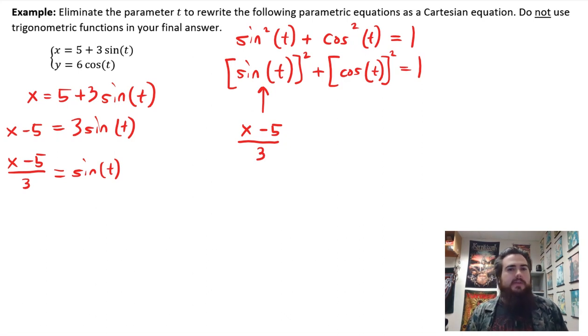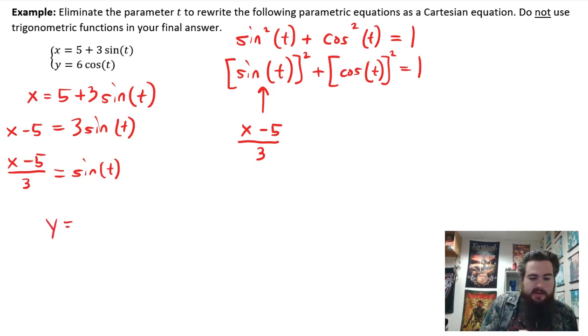If we could do the same thing to get cosine by itself, then we should be done. And to get cosine by itself, I don't even need as much work. All I need to do is get rid of that 6 by dividing both sides by 6. Y divided by 6 is equal to cosine of t.